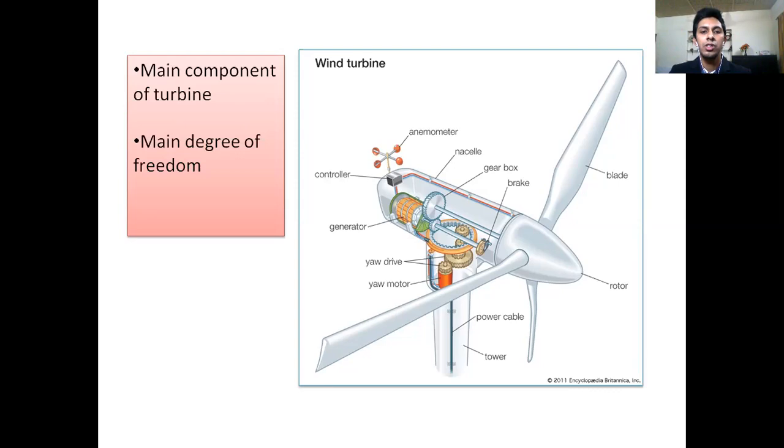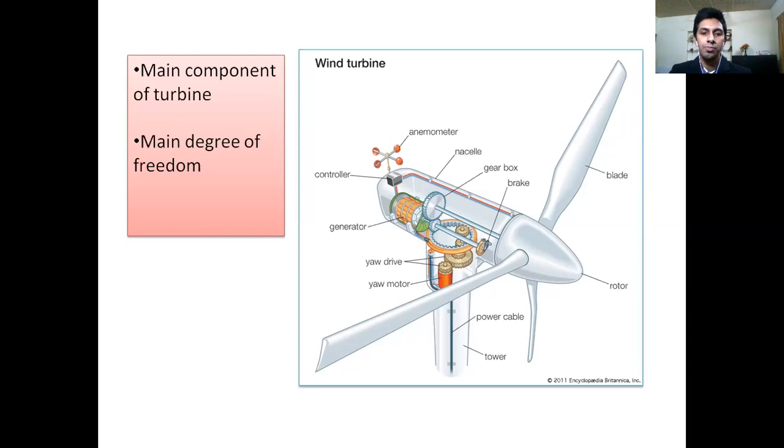The main degrees of freedom: one is yaw motor and one is yaw drive. The yaw motor is driven by the yaw drive, and yaw is used for rotating the nacelle about the vertical lengthwise axis of the tower. And pitch is rotating the blades about their lengthwise axis due to the pitch control.